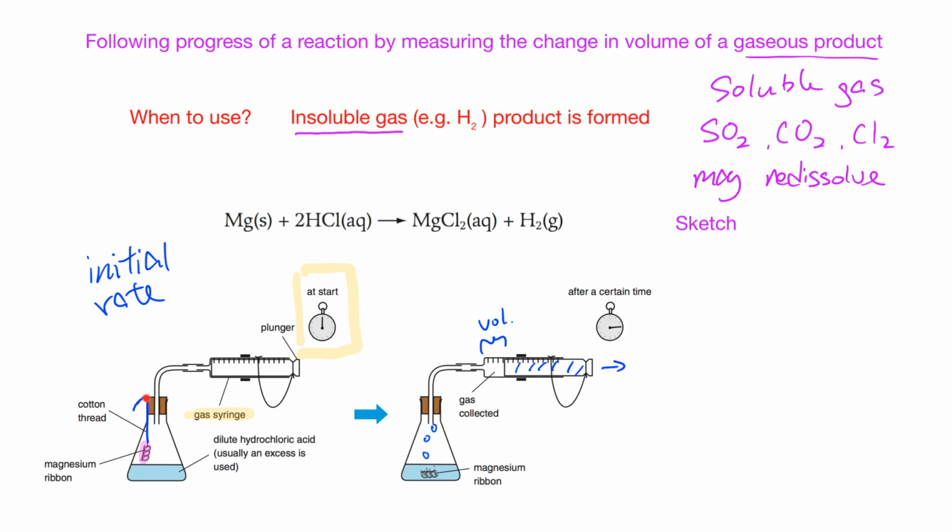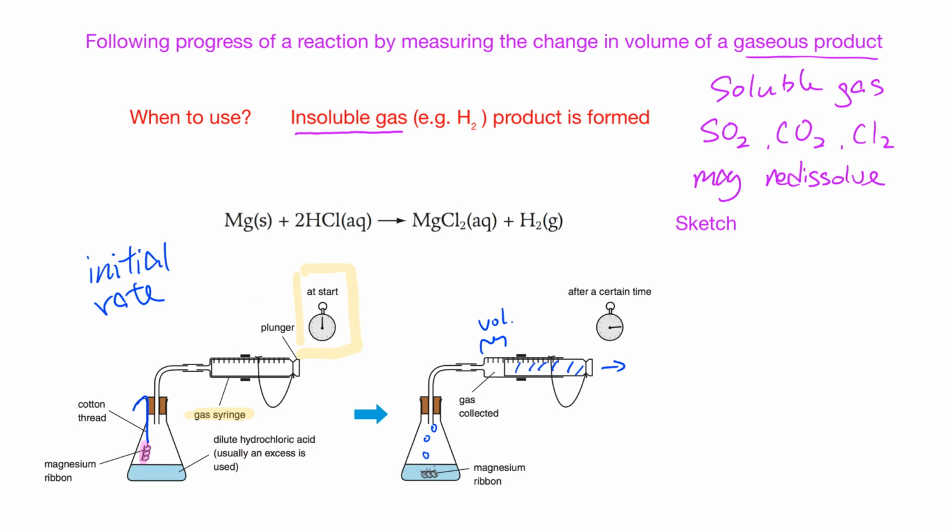That's why we hang this magnesium ribbon, clipped between the stopper and the conical flask. We just slightly lift up the stopper, and the cotton thread together with the magnesium ribbon is allowed to drop down, so we can minimize the gas leaking out from the system.